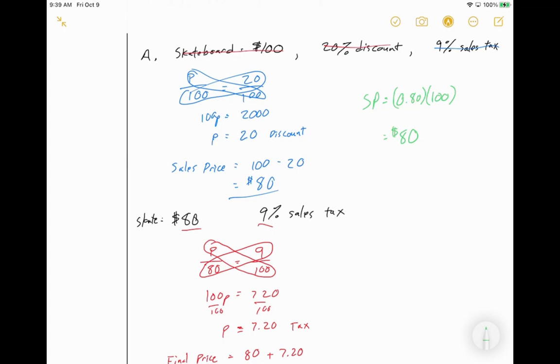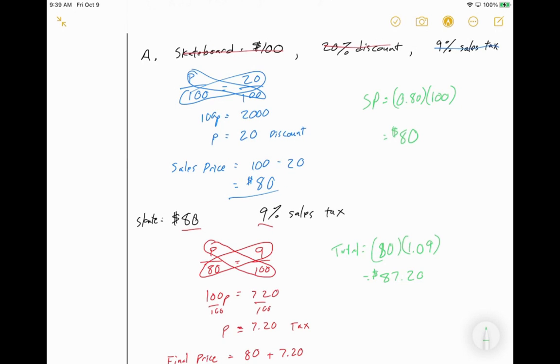And then $80 times 1.09, because that's 9% plus 100, 109%. This is my total price. So my total price would have been $87.20. If you understand that, go for it. If you don't, don't worry about it.